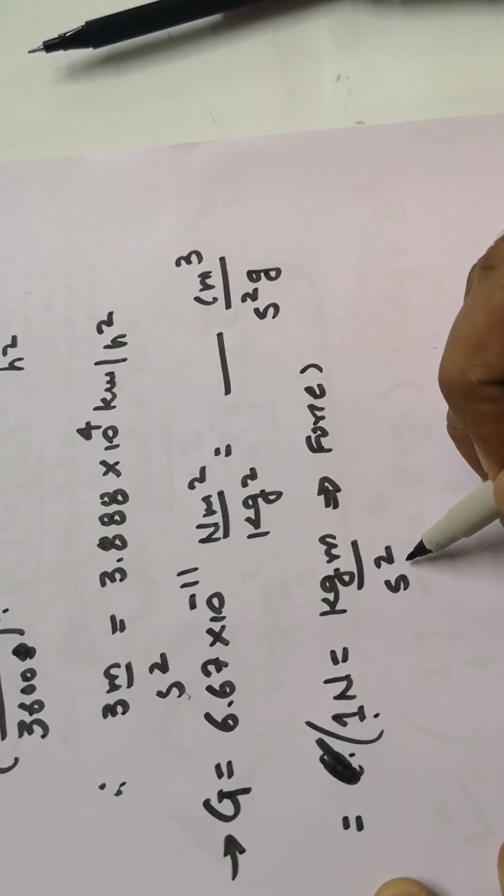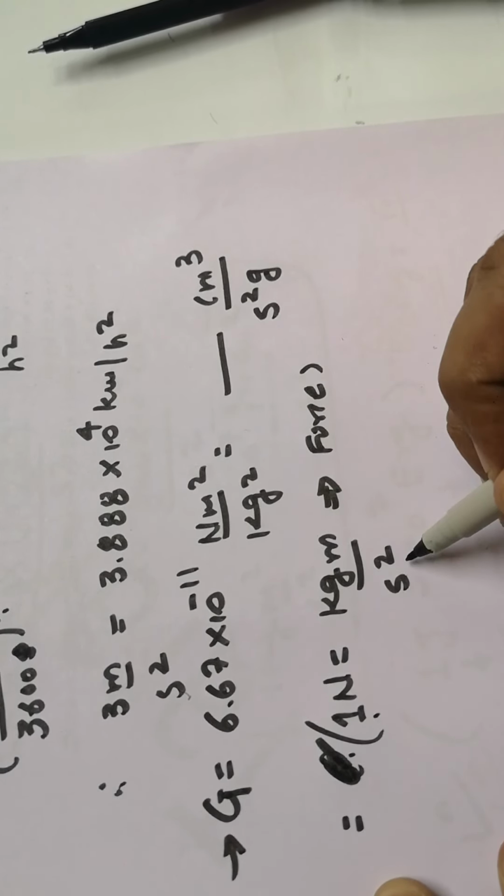First of all, I am cancelling all the extra parts. So my unit now is 6.67 × 10^-11 meter cube divided by 1 kilogram left, second square left. Now you can see there is a resemblance to centimeter cube.